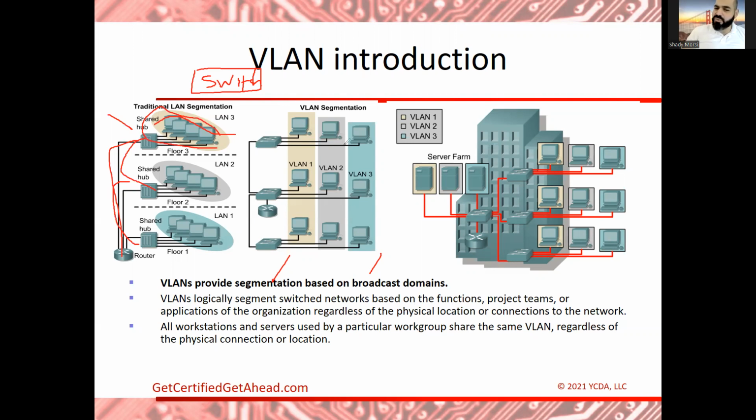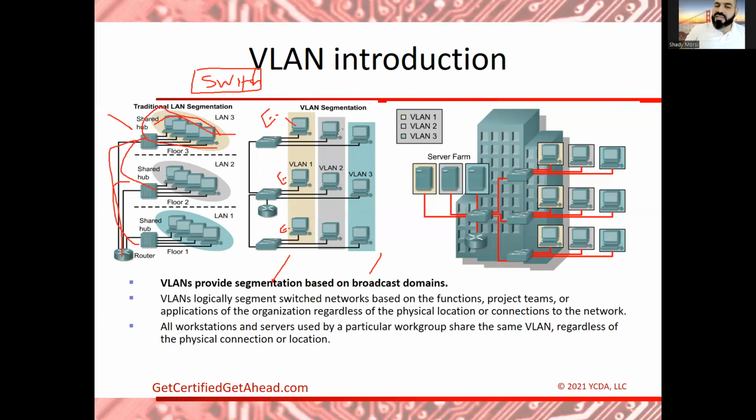So what I can do is say, okay, I have a switch now, and I really want to segment it. Why am I segmenting the switch? Look at this. I have an engineer on floor number 1, an engineer on floor number 2, and an engineer on floor number 3, and I need all of them to communicate with each other.